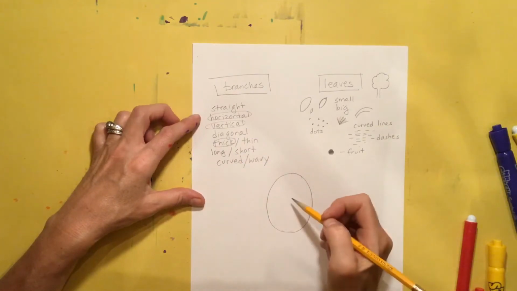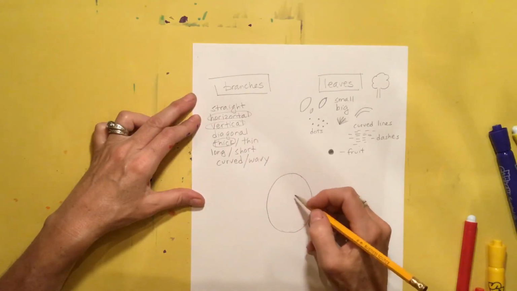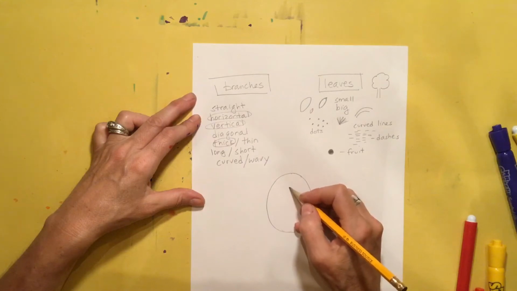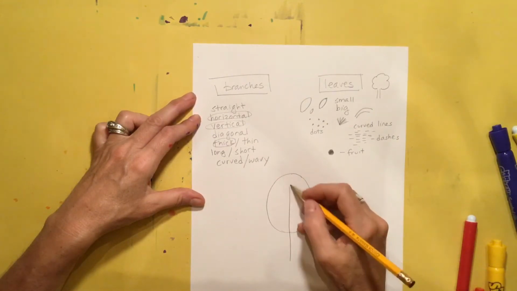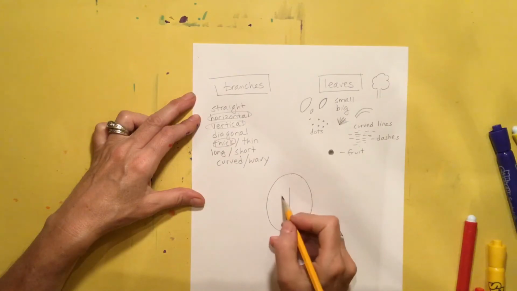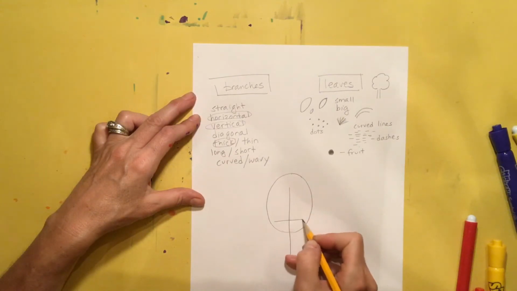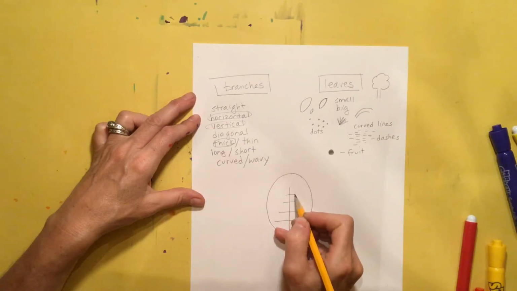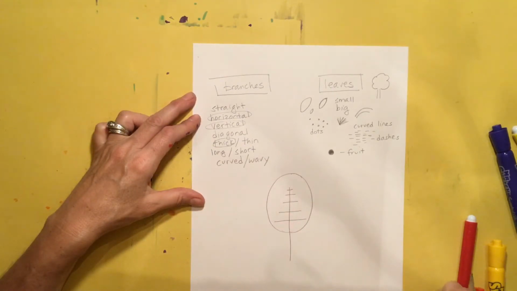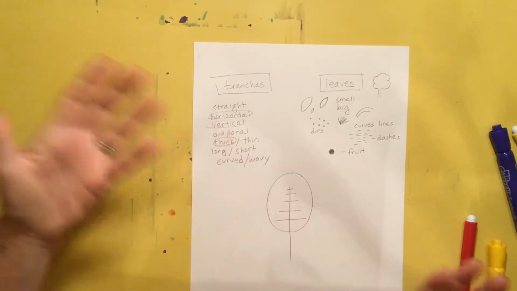And then you get started. So you say, okay, well, I need a vertical line. That's for my trunk going all the way up. And then maybe I just want horizontal branches that go like that. And then that could be it.